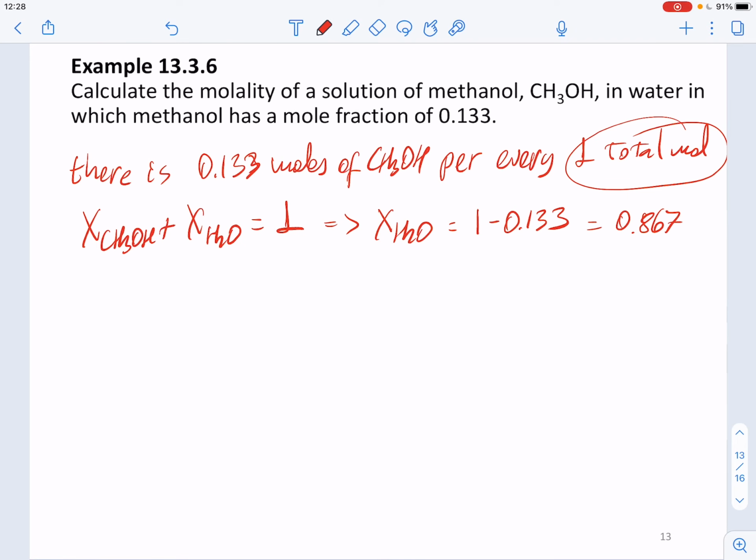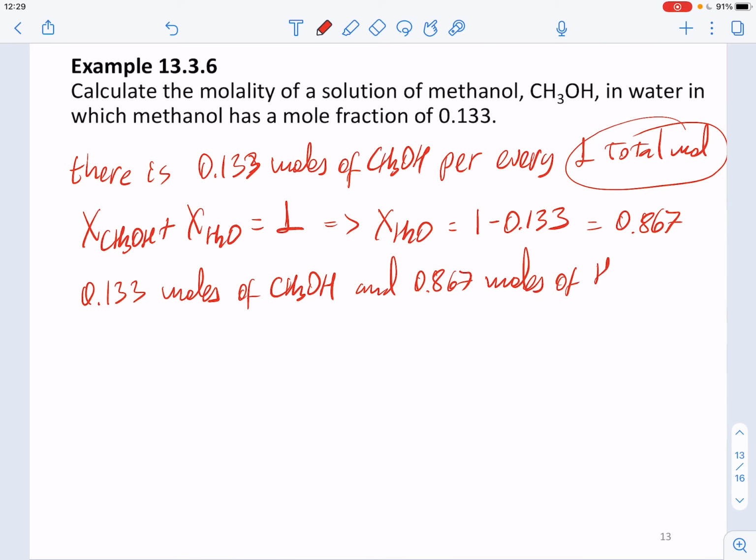Right? So that's our starting point. You have 0.133 moles of methanol and 0.867 moles of water.